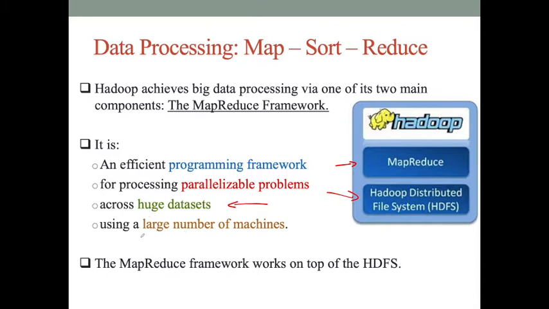And we are also focused on a cluster of computers, with an important number of machines. We don't need to have any fancy machines. It could be regular machines like the ones that we are using at this very moment. And the MapReduce framework is going to work on top of the Hadoop distributed file system.